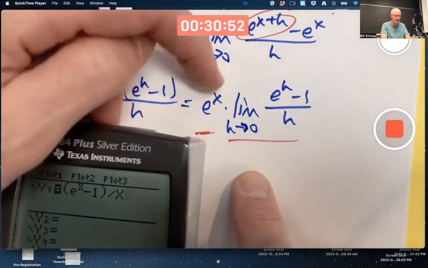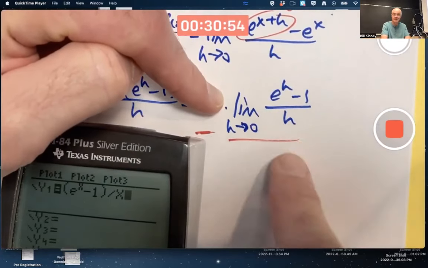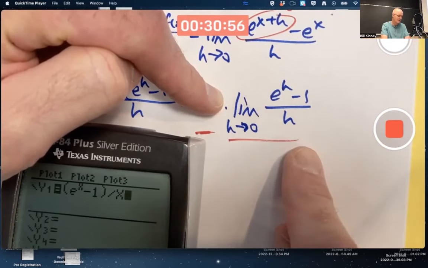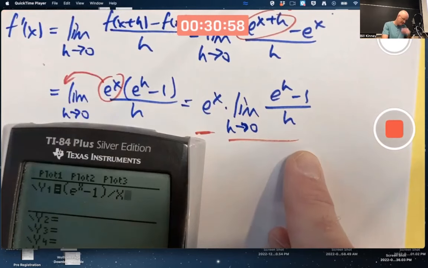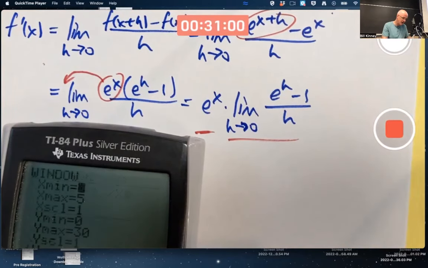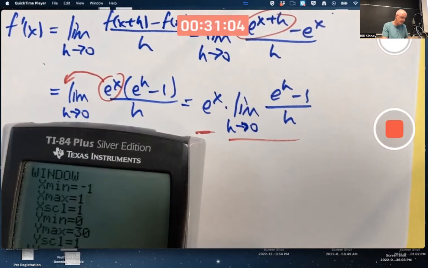I'm kind of ignoring the e to the x right there. I'm focused on this limit. I'm letting h go to 0, so pick a window near 0. I'll start with -1 to 1. Or well, maybe -2 to 2. And we'll see what we see.